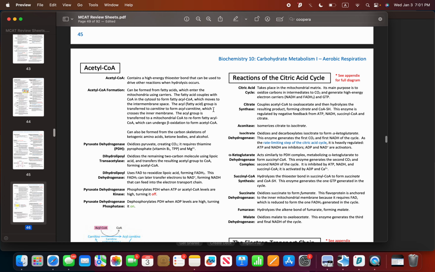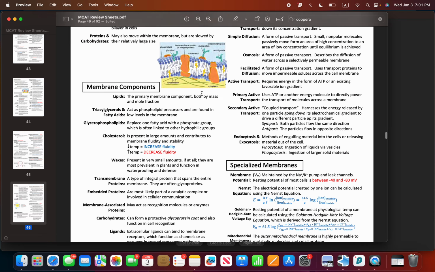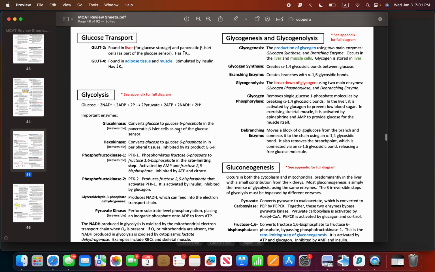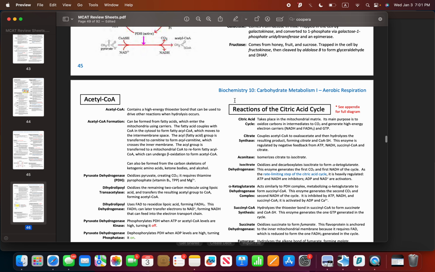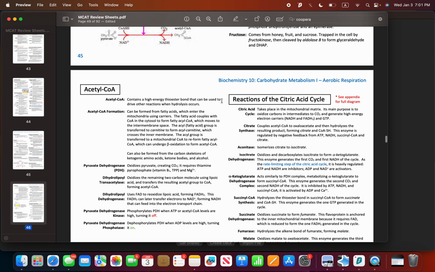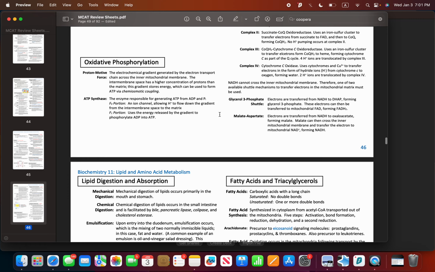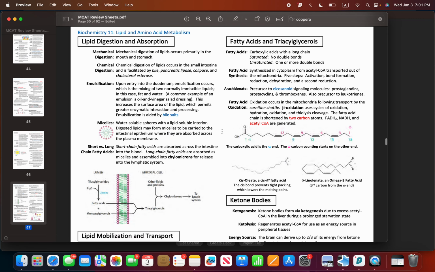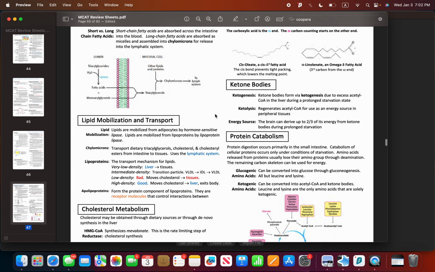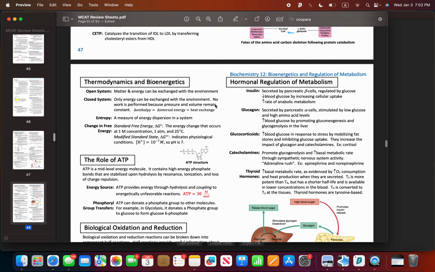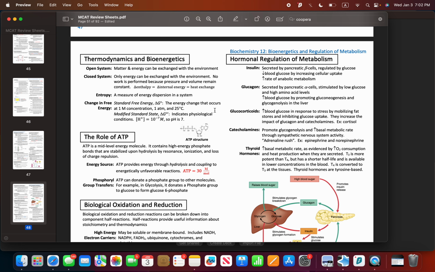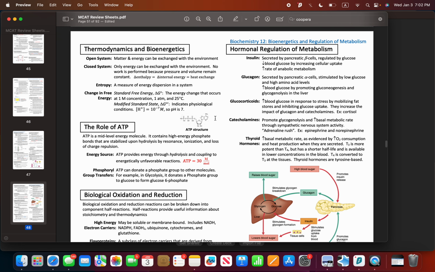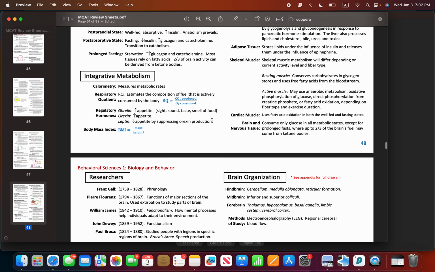So that was carbohydrate metabolism, section 1. Let's see this as section 2, which is the aerobic respiration. And then we have the lipid and amino acid metabolism. This can be done in one chapter altogether. We have the bioenergetics and regulation of metabolism. So that's also something that we need to work on.